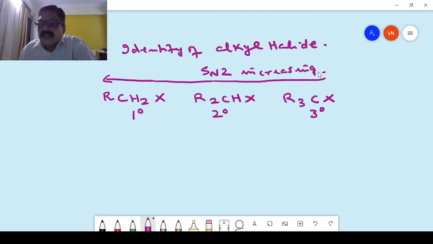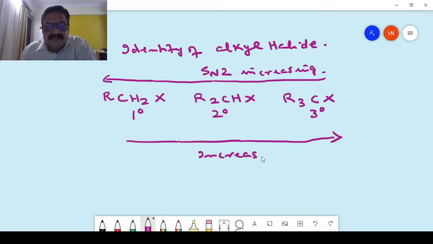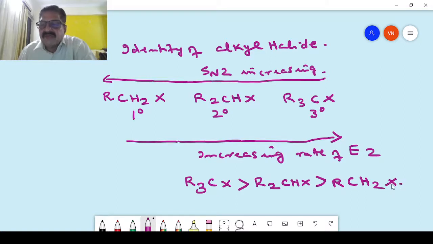Now in this order, elimination: this is the order of increasing rate of E2 reaction, the opposite trend. Opposite trend means that in the case of E2, R3CX has a high rate compared to R2CHX, then we have RCH2X. So this is the order.